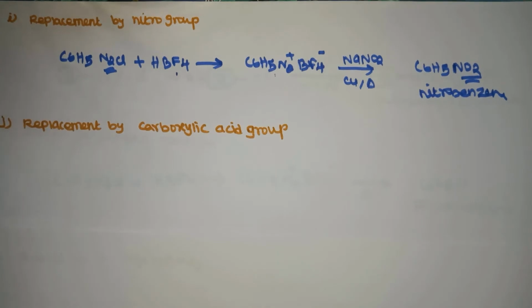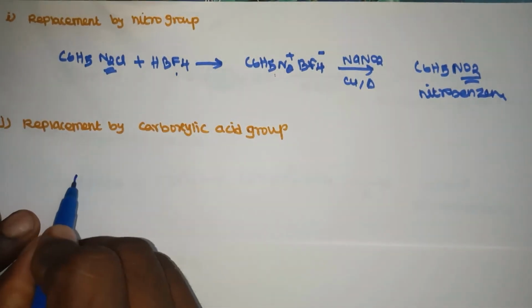Next one is replacement by carboxylic acid. When benzene diazonium tetrafluoroborate reacts with acetic acid to form benzoic acid, this reaction is used to convert aliphatic carboxylic acid into aromatic carboxylic acid.